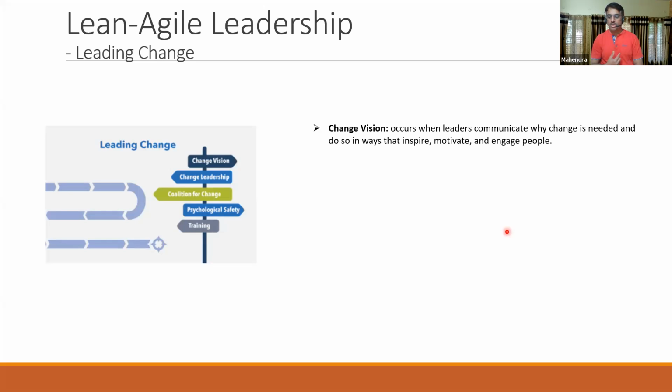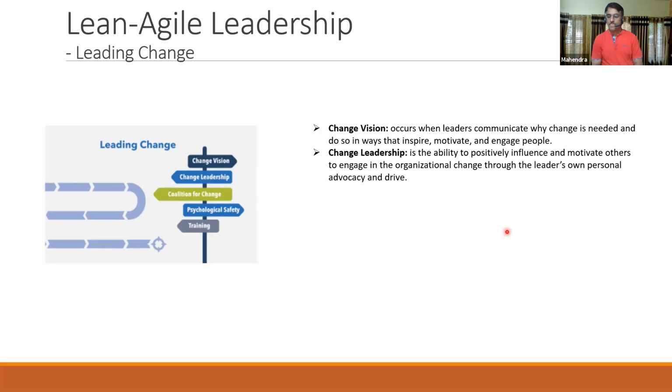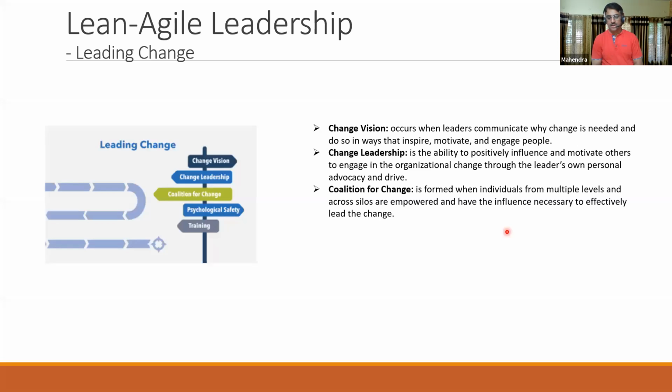They keep on communicating the need to change. The vision and the need to change have to be communicated, and that has to be a constant conversation. They should be able to inspire, motivate, and engage the people in that entire change process, and influence others in the organizational change.